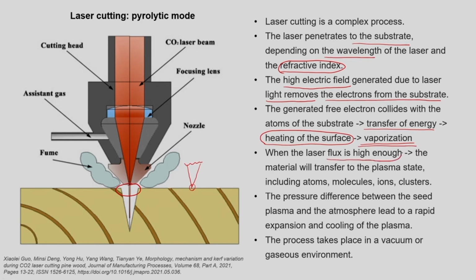When the flux is sufficiently high, the material transfers to the plasma state, and as we know, the plasma state has atoms, molecules, ions and clusters.